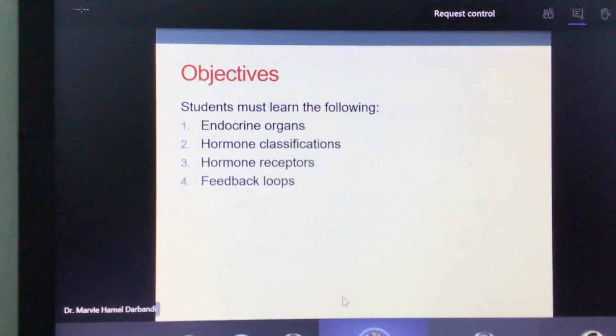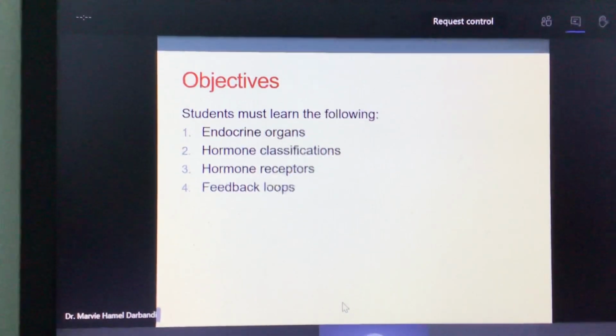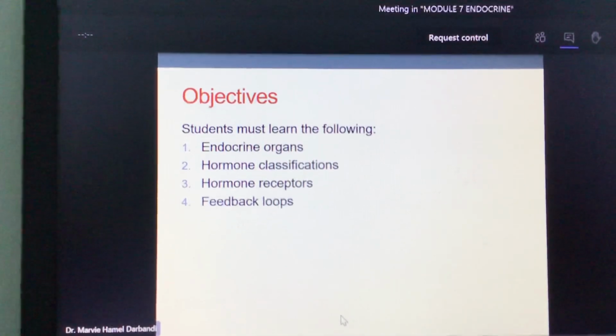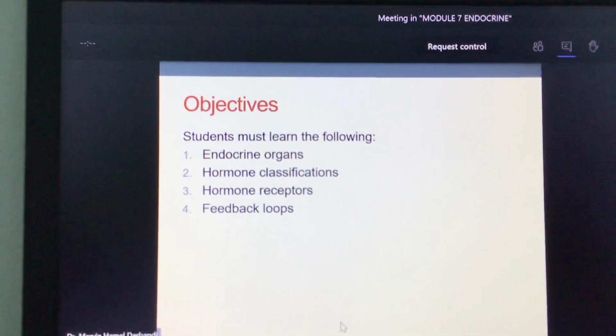The objectives for today: students must learn the following: the endocrine organs, hormone classification, the receptors, and feedback loops.